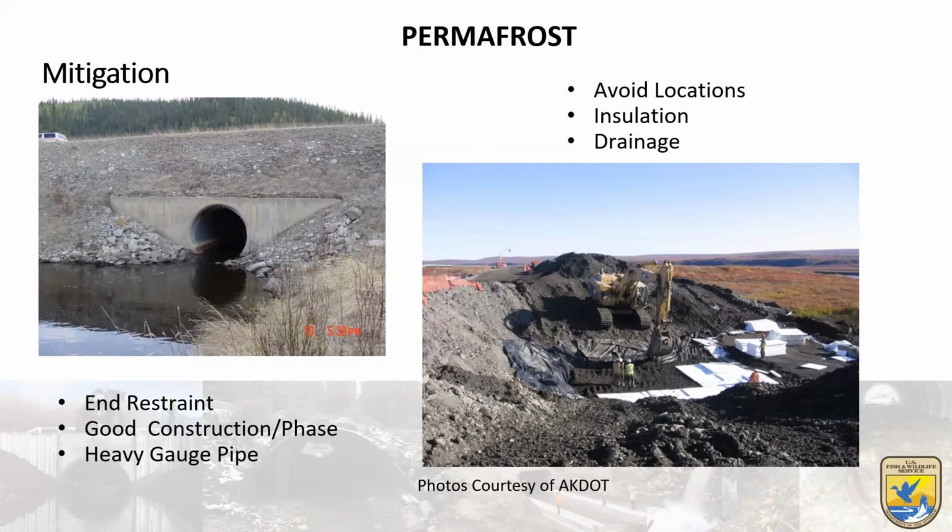And then insulation. So here's DOT putting insulation on top of the bedding before you put the culvert in, in order to try to keep the permafrost stable underneath it and hopefully reduce that off ice and other deformation potentials with permafrost. So there are some unique aspects here, definitely in the Arctic, to consider that we don't need to in other places.